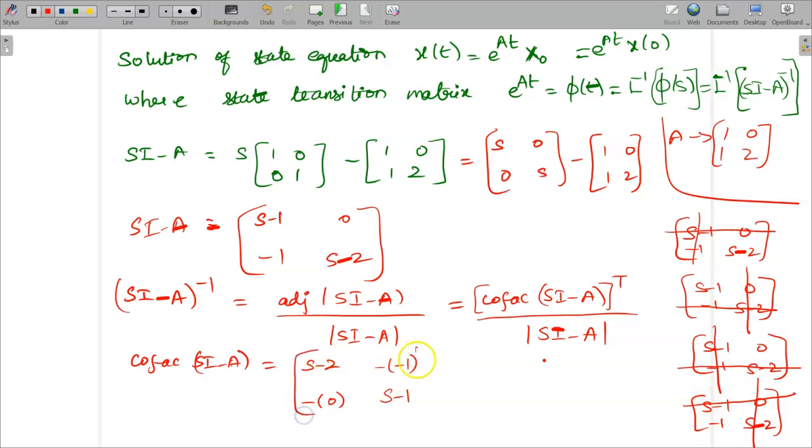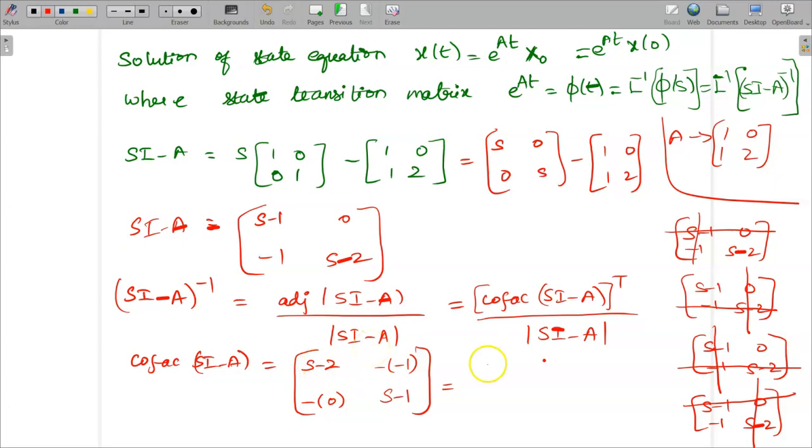This is nothing but the cofactor matrix of sI minus A. To obtain each element, just strike out its column and row and write whatever you have obtained. For the off-diagonal elements alone, you introduce an extra minus sign. So solve this matrix.